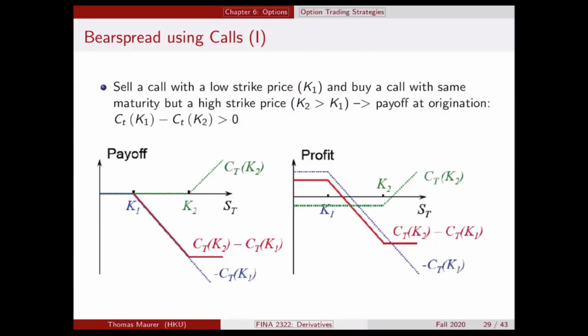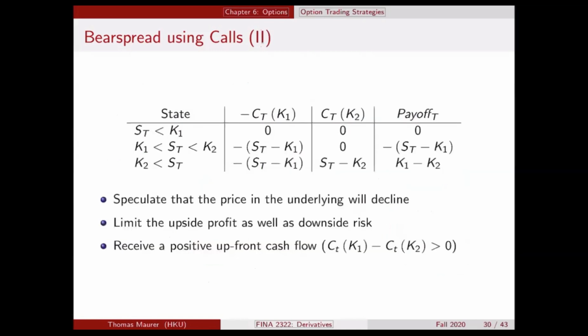So this means you make a profit, but it is limited if the price of the underlying decreases, and you make a loss if the price of the underlying increases, but that loss is limited. So in that sense, it is slightly different than just short selling the underlying asset, because your upside and your downside are both limited. Slide 30 illustrates the same argument of what I drew with that table, and I'm going to leave that just for self-study.